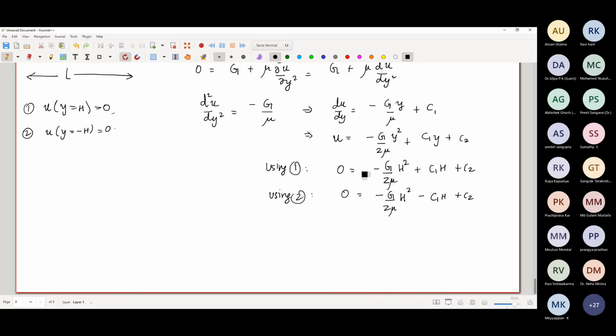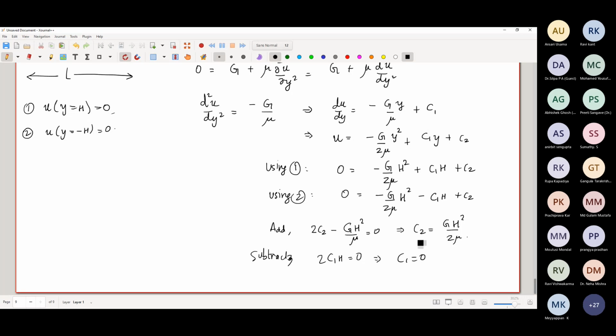If we add these two equations, we have 2c2 minus Gh square over mu is equal to 0, which implies c2 is equal to Gh square over 2 mu. If we subtract those two equations, we have 2c1h equal to 0, which means c1 equal to 0.